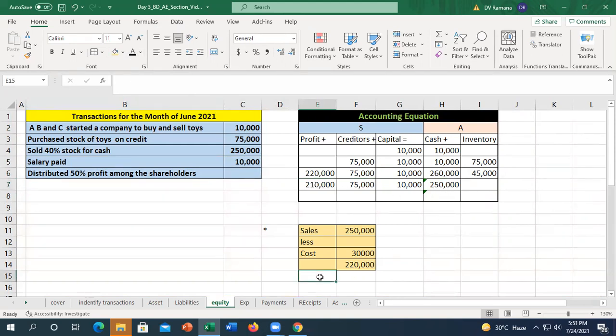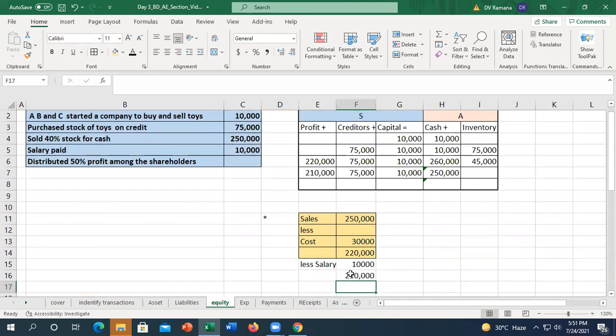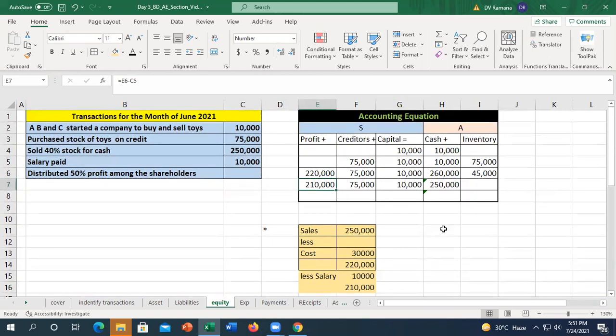So we can put less salary here so that we can understand the effect of the 10,000. So profit will reduce to the extent of 10,000. So we can derive the profit as sales minus cost minus the other expenses, or the balancing figure can also be called the profit.